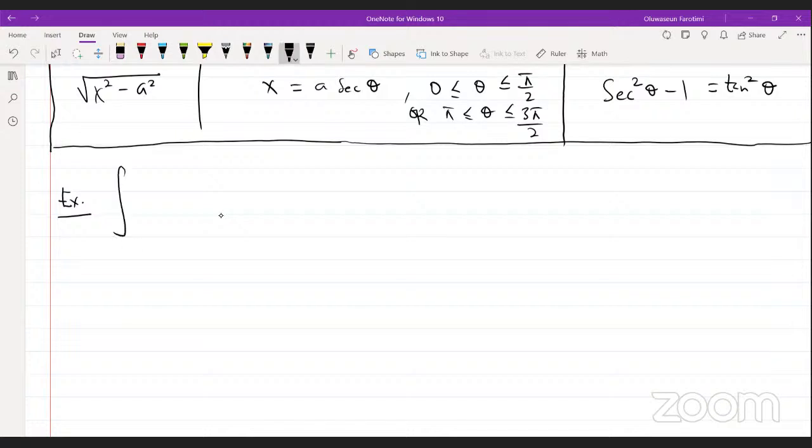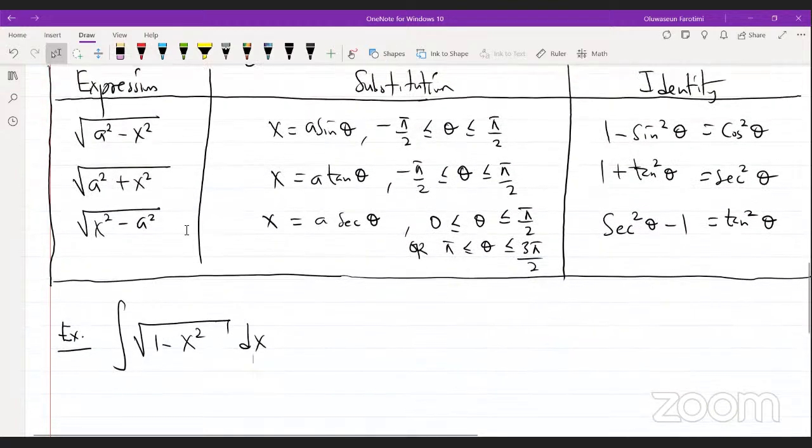I want to evaluate this integral, the square root of 1 minus x squared dx. What do I know, guys? Let me back up a little bit. The first expression is a squared minus x squared. So a squared equals 1, and that means my a is 1.